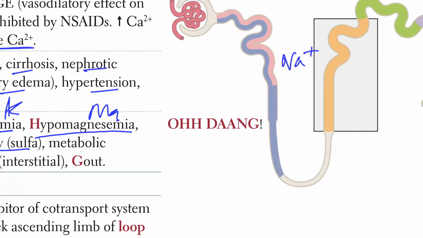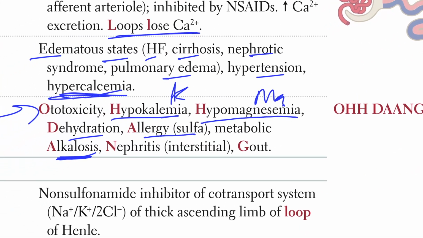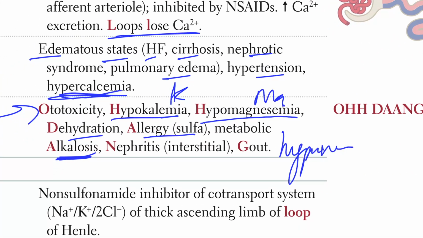Now remember, although we said that the sodium, potassium, chloride, magnesium, and calcium are going out, when it comes to the collecting tubules, sodium is going to get reabsorbed, and that's why we don't have hyponatremia.